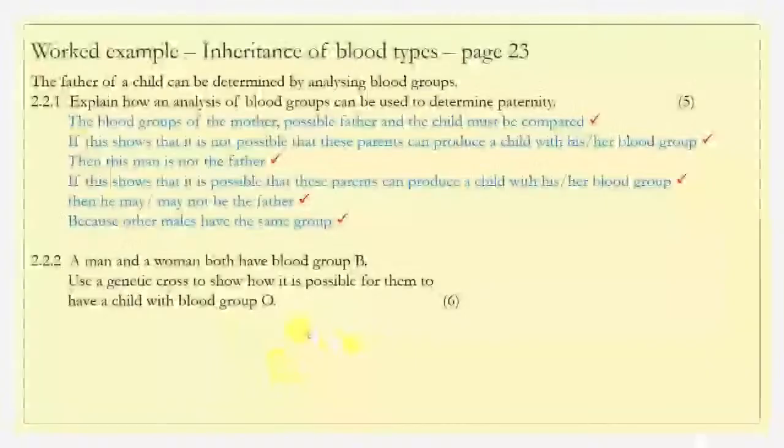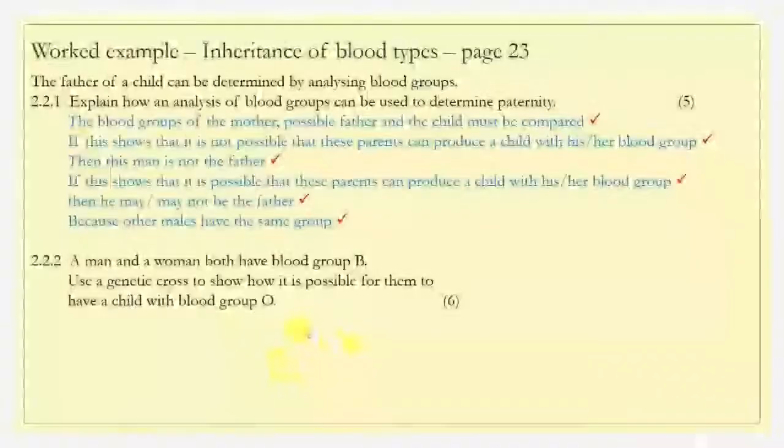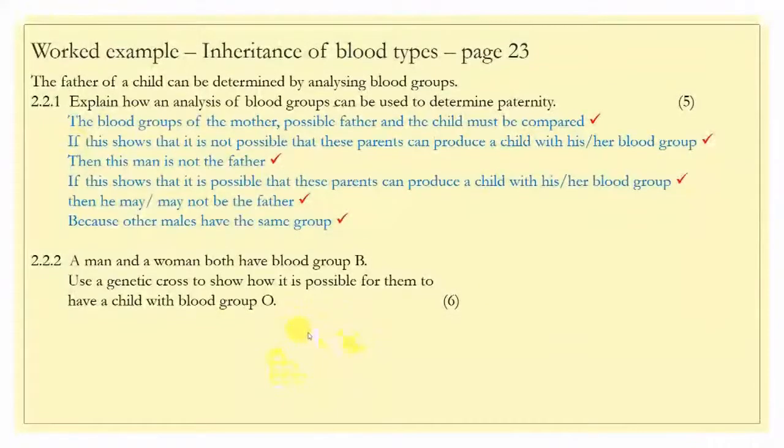The child may be AB and the husband may be B, which is a possibility that he could be the child's father. It doesn't mean that he really is. You need to do more tests, right? Because other males also have the same blood group.